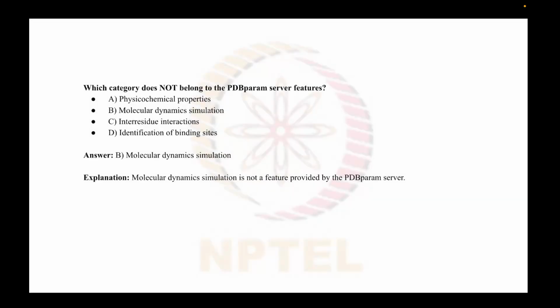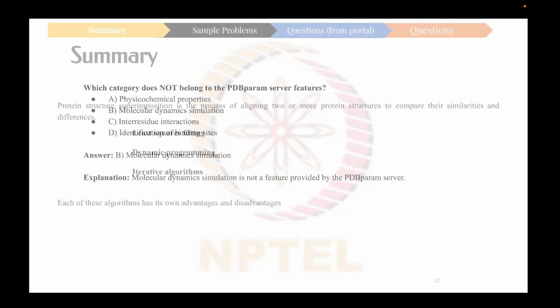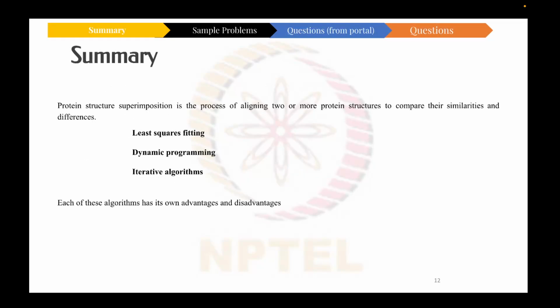Yeah, so molecular dynamics is not a feature provided by the PDB param server.